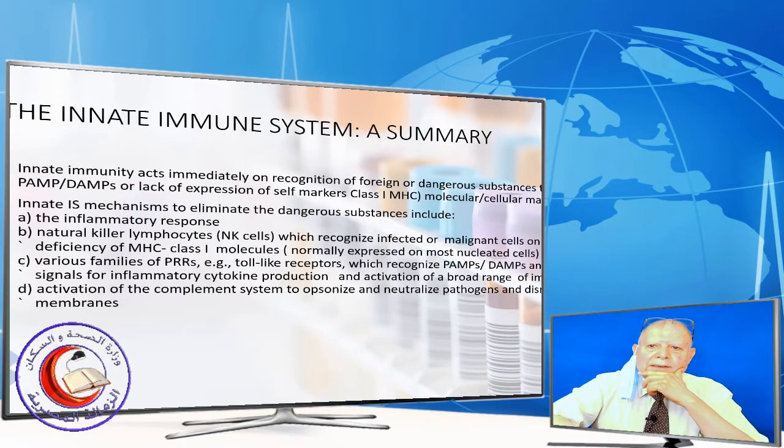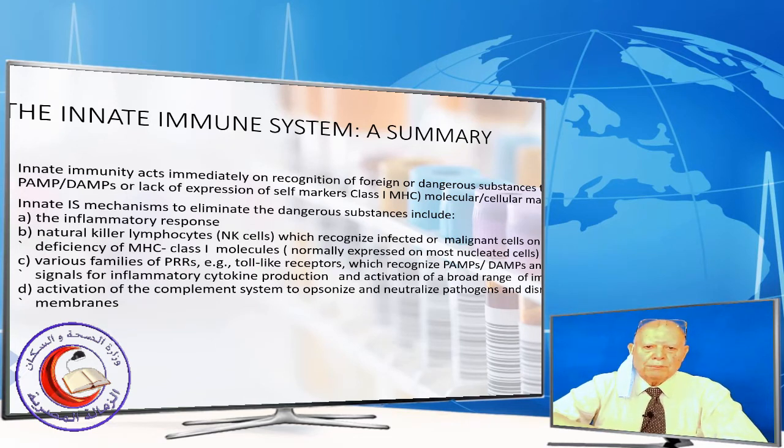So, to summarize, the innate immunity acts immediately on recognition of foreign or dangerous substances through pathogen-associated or danger-associated molecular patterns, or through the lack of expression of cell markers, which in this case are class 1 major histocompatibility complex molecules.